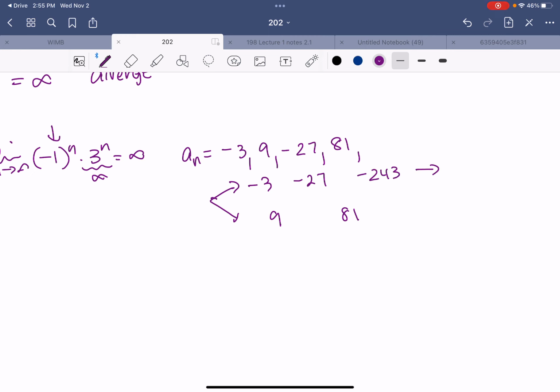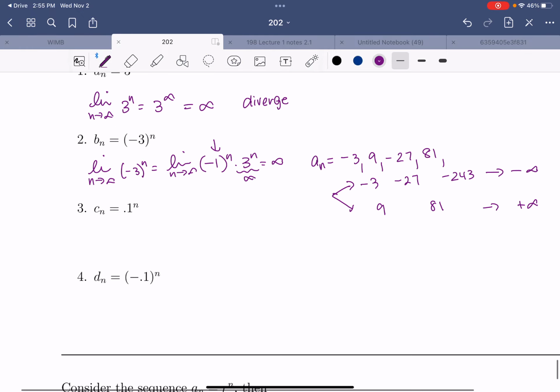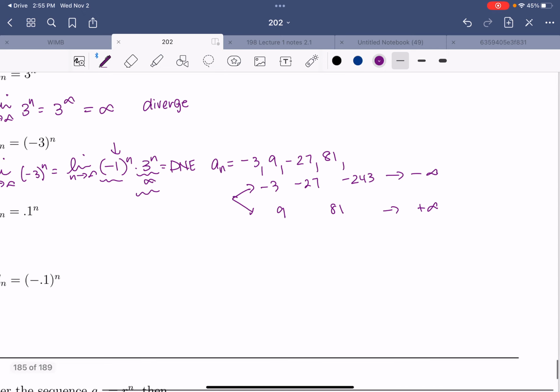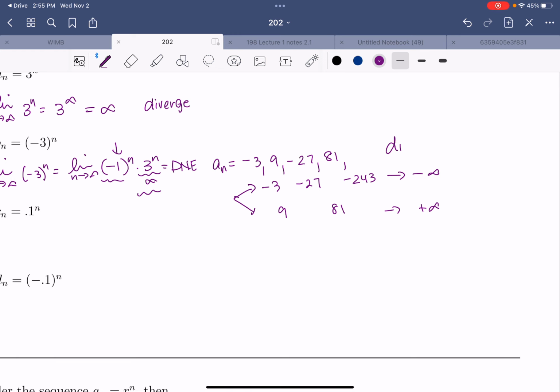This one's headed off to negative infinity, while this one is headed off to positive infinity, and those two can't go to the same place. So this is going to end up being a does not exist. Anytime you end up with something that is alternating, unless this part is headed to 0, it's not going to converge. So in that case, we would say that this one diverges.